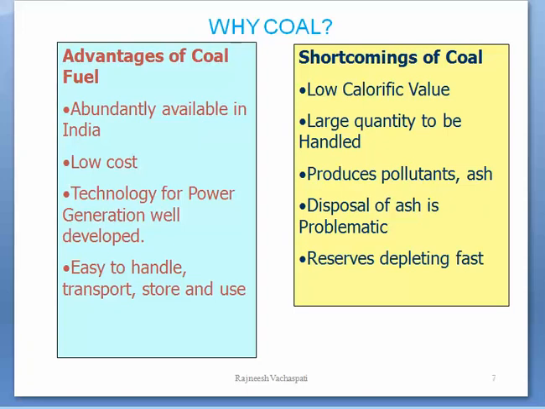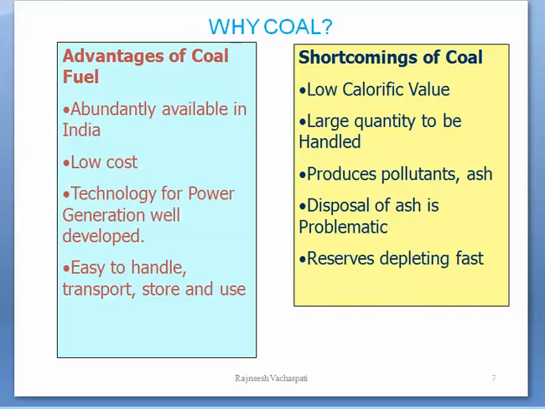But with these advantages, definitely coal has some shortcomings. The first thing is its low calorific value. Also, the calorific value varies from coal to coal depending upon from which mine that coal comes. Large quantity is required.